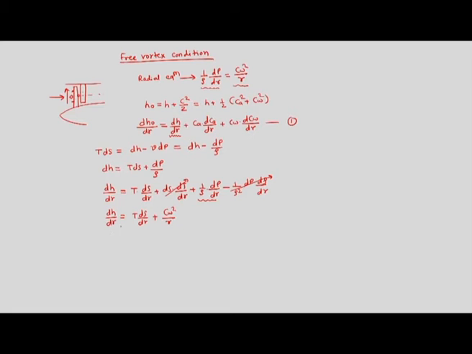So after putting equation 2 in equation 1, we get dH naught by dr is equal to T into dS by dr plus Cw square by r plus Ca into dCa by dr plus Cw into dCw by dr.